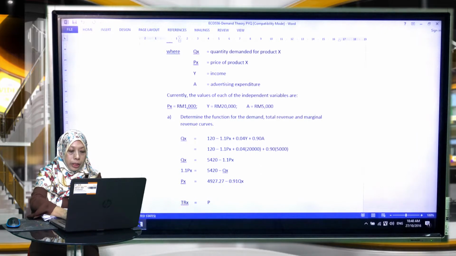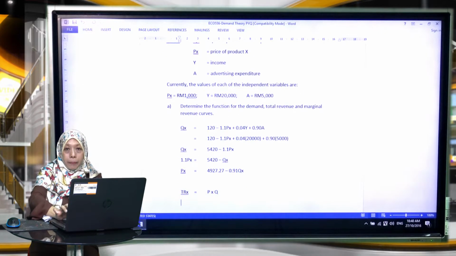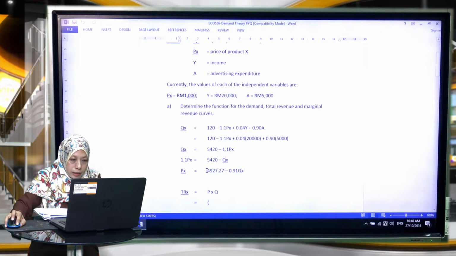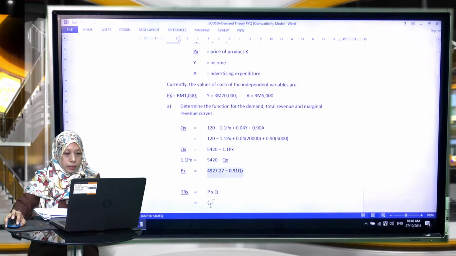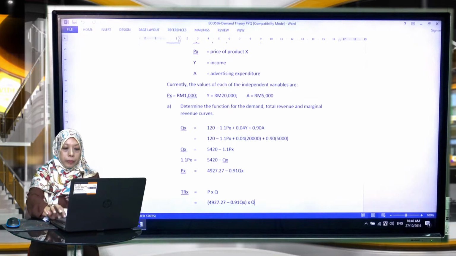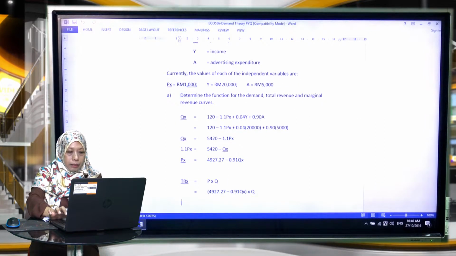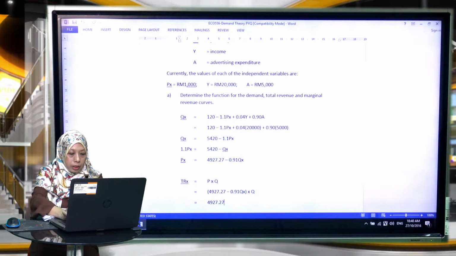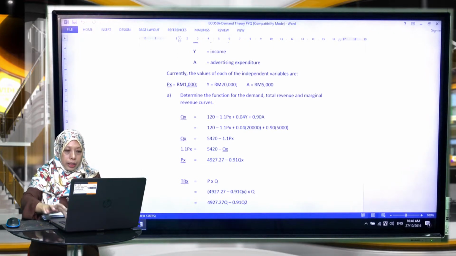Total revenue is P times Q, and remember, we always need to replace P in the form of Q. So your P here is your price function, and you have to multiply it by Q. You're going to end up getting 4927.27 Q minus 0.91 Q squared.